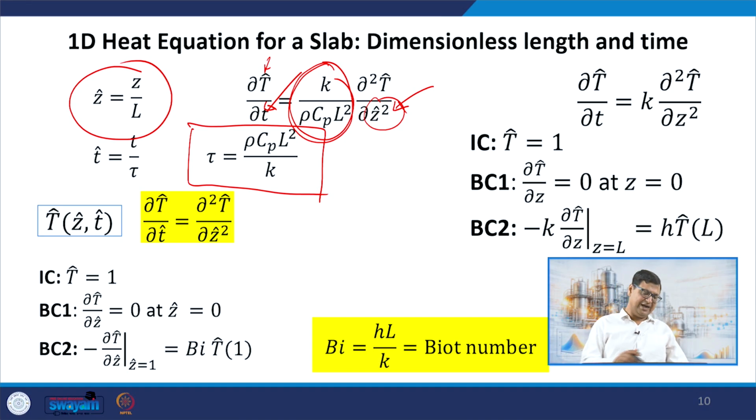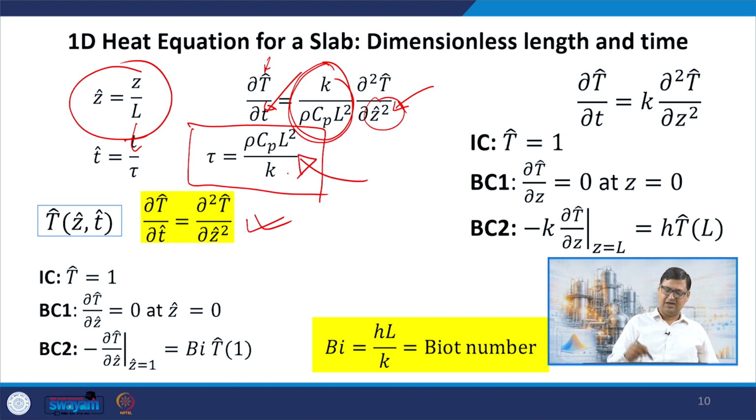If I do that, I can define a dimensionless time, T cap is T by tau. And then I will have a PDE that is much simpler to look at, burying all the constants, because all the constants now appear in this time scale tau. You will see this time scale is indeed quite useful for us.